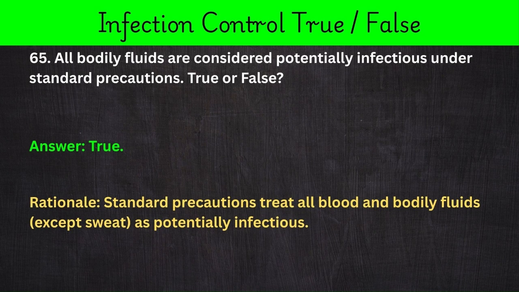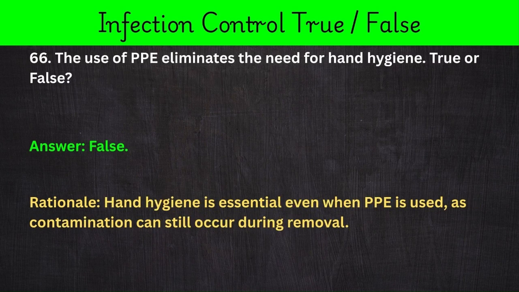True or false? Answer: true. Rationale: standard precautions treat all blood and bodily fluids, except sweat, as potentially infectious. 66. The use of PPE eliminates the need for hand hygiene. True or false? Answer: false.